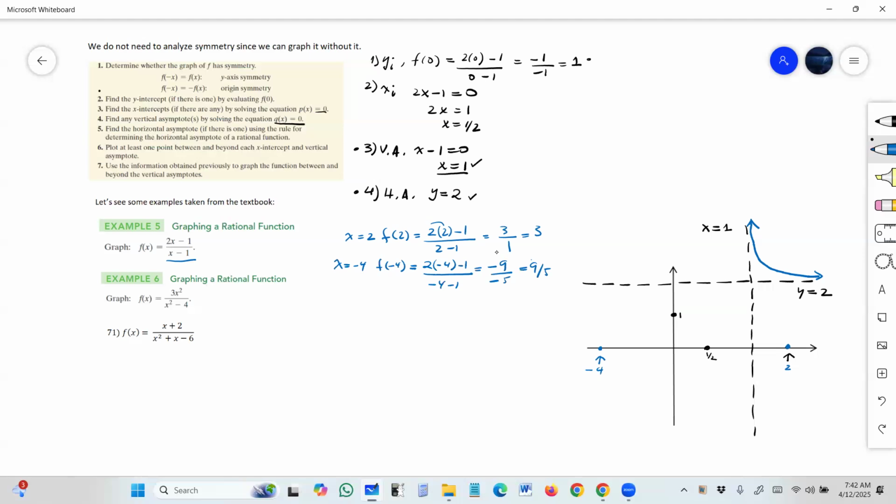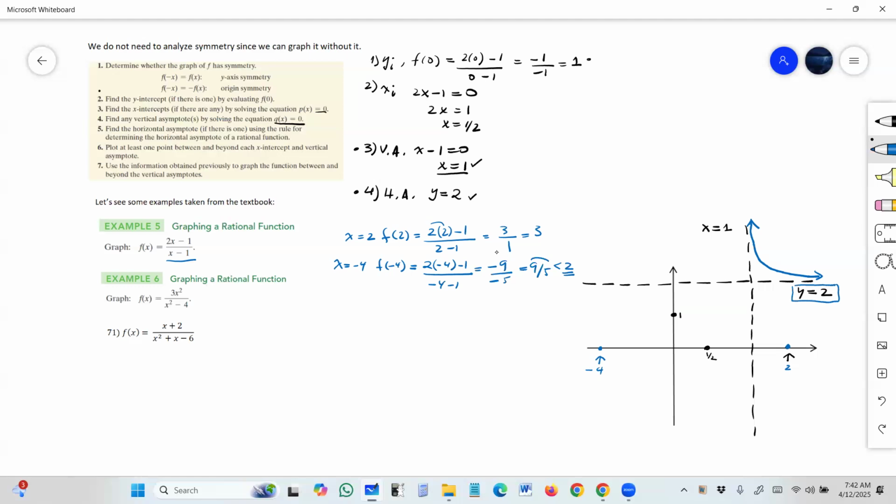Now, we don't really care so much about the exact value here. We care that it's positive, above 1, but it's less than 2. Why do we care about being less than 2? Because 2 is my horizontal asymptote.